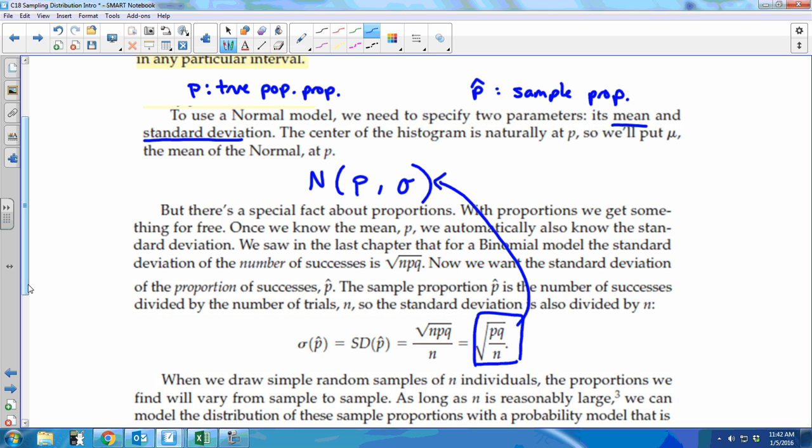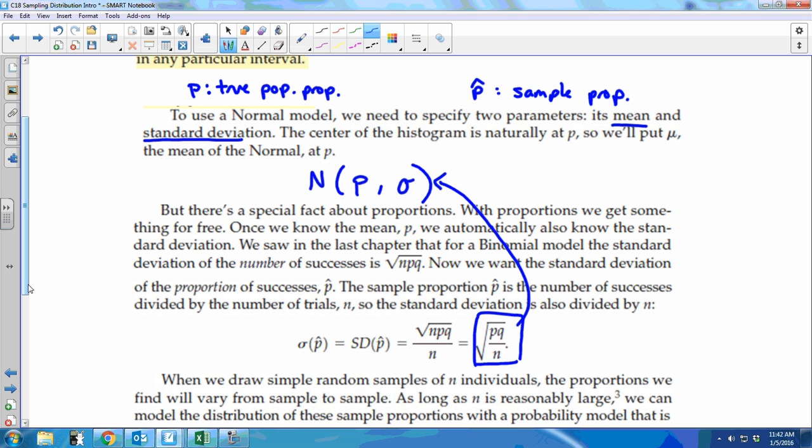Okay. Now, luckily for you, you don't have to memorize that. We'll talk about that in a second. You have to know that for proportions, you have a sampling distribution model that's normal with the mean at p and a standard deviation of something, but I'll show you where you can find that so you don't have to memorize it. Okay? Questions so far?